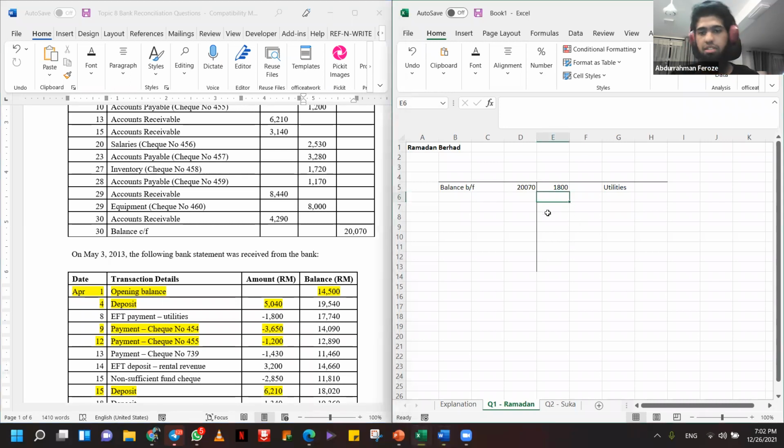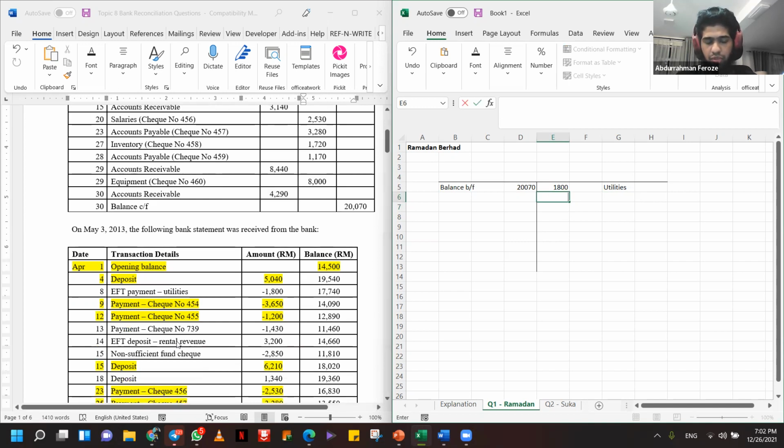So we'll enter it, but then later on when you're doing the bank reconciliation, that is reversed. Okay, so we have this payment of 1,430, bank error. Actually, this should not be there. This confused me. Okay, leave that for now. We'll look at it later, right?